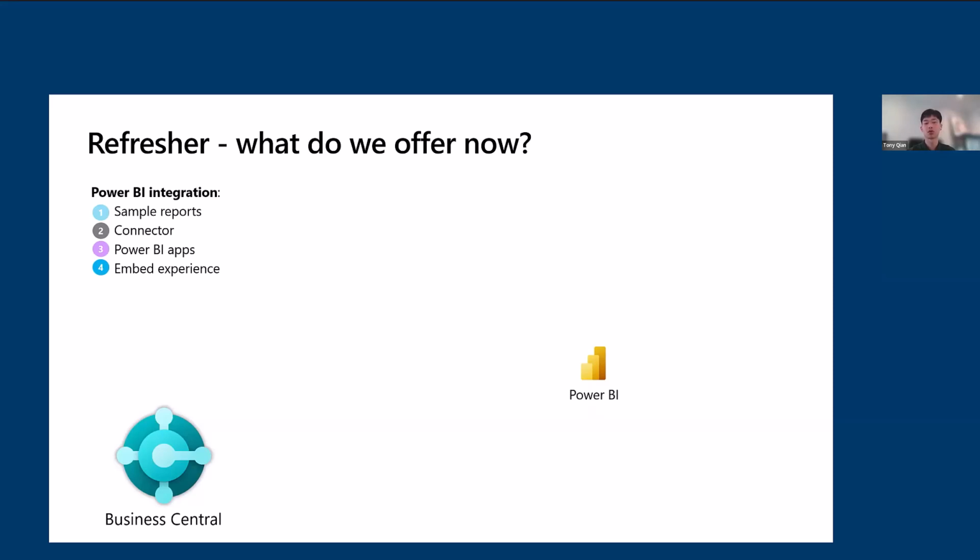And you can also create a Power BI report and just embed it into Business Central. So even though Business Central is online, it's already very easy to use, but we want you to have a better experience by just staying in Business Central. You don't even need to open up another tab in your browser and go to Power BI. You just go to Business Central, find the reports, and Power BI reports will show right inside of Business Central.